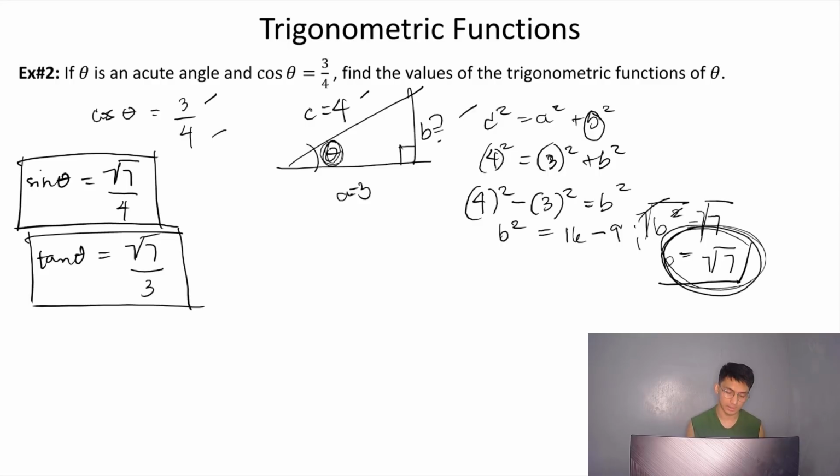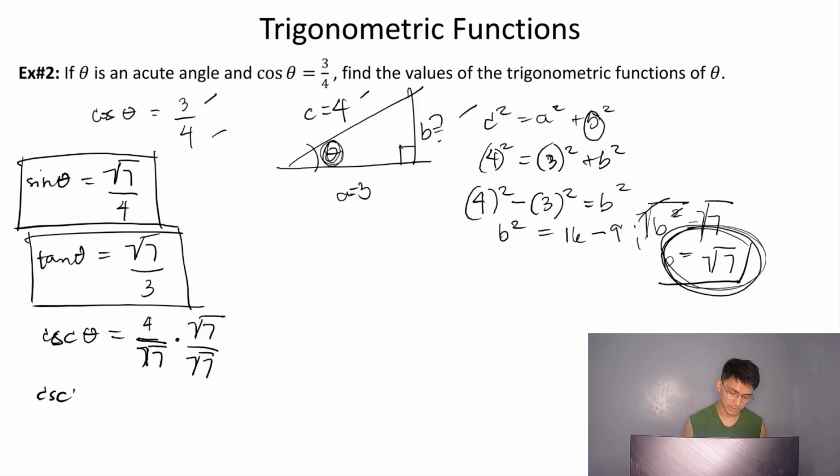Now, for the cosecant theta, na reverse function of sine theta, so we can write this as 4 over square root of 7. Now, we should rationalize this one kasi dapat yung ating square root or yung radical natin ay nasa numerator. So, ang gagawin natin, i-rationalize natin yung ating denominator. So, paano yan? We multiply the numerator and the denominator by square root of 7 para mawala yung ating square root sa denominator.